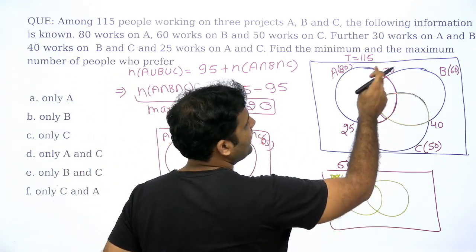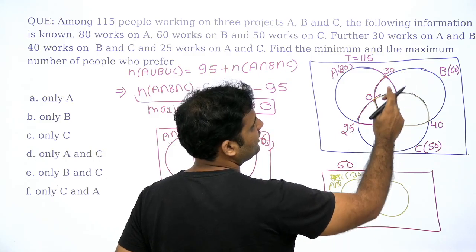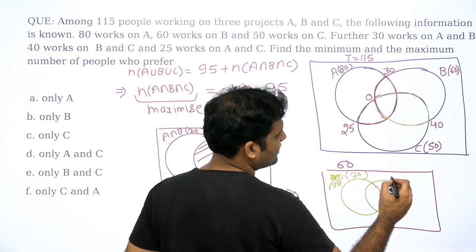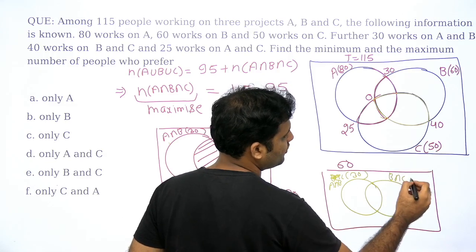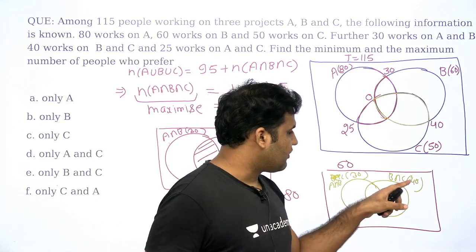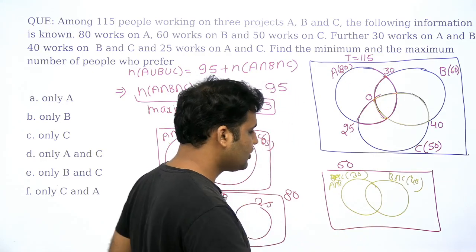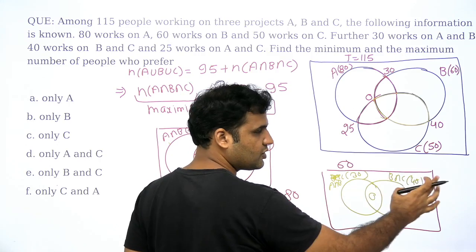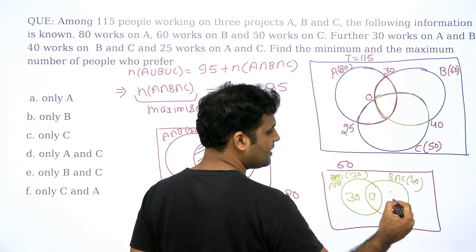In this case, A intersection B is 30, and here in this case, B intersection C is given to you as 40. Guys, the total union of sets is 60. If I make them completely exclusive of each other, that means if I keep this value as 0, that means both of these two circles are separate, this value comes at 30, this is 40.